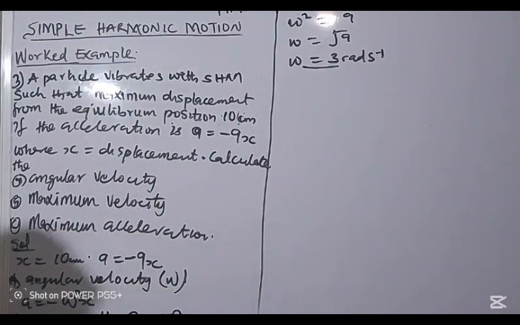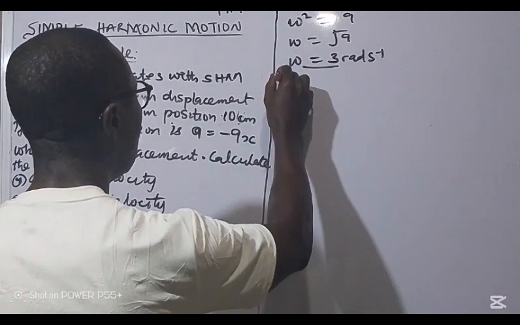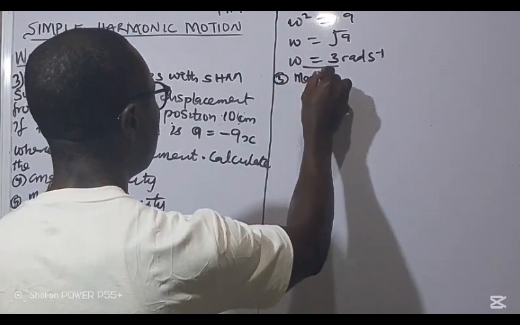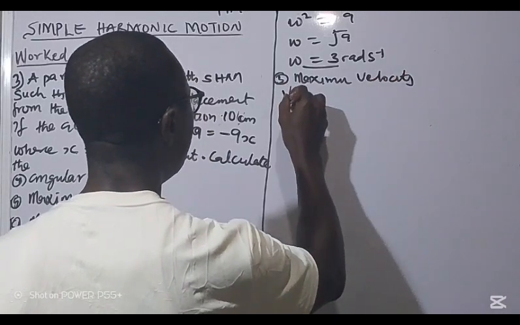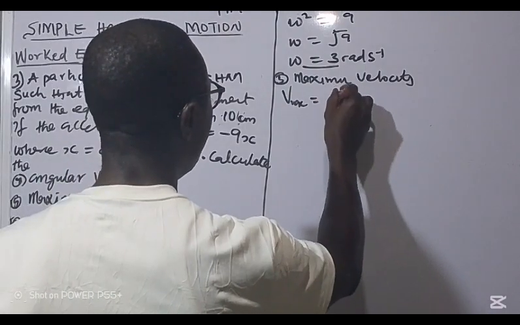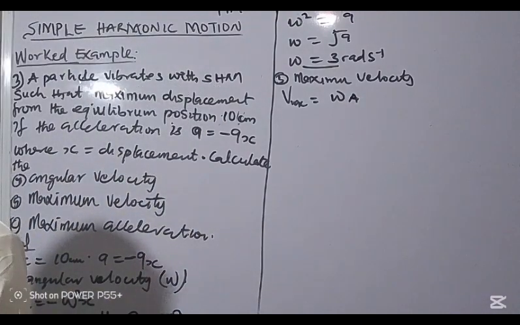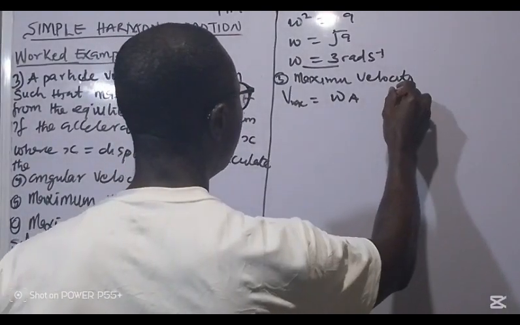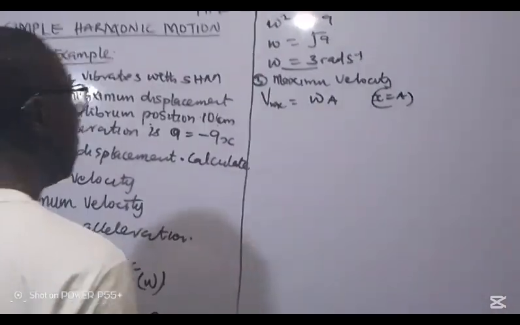The second question says to calculate maximum velocity. That's part B, maximum velocity. That is V maximum, and it will be equal to omega A. And for us to have maximum velocity, don't forget we said x must be equal to A. So if that is the case, then we are going to have V equal to omega x.